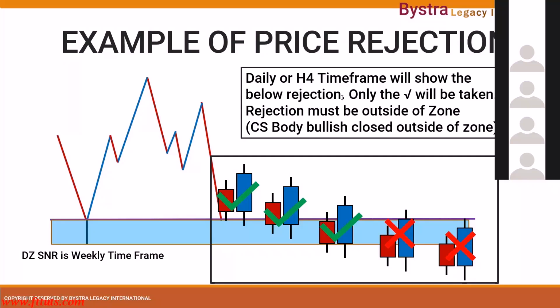So for gold, you can use the H4 or H1, of course, with a second movement as danger zone SNR.